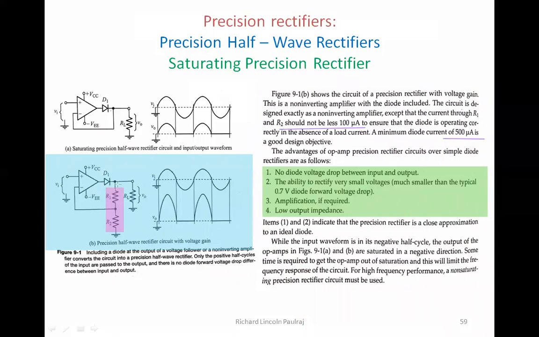So that's the specialty of having an op-amp and diode combination. So for higher frequencies, we cannot use saturating, because it needs to be faster. These are not faster, right? So we can change the way that the op-amp acts based on what devices are connected.